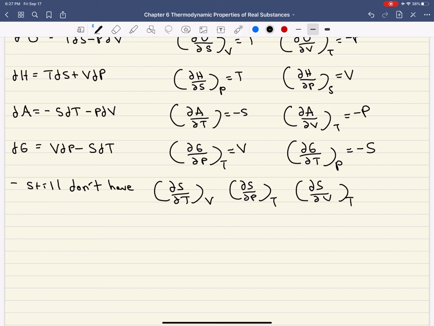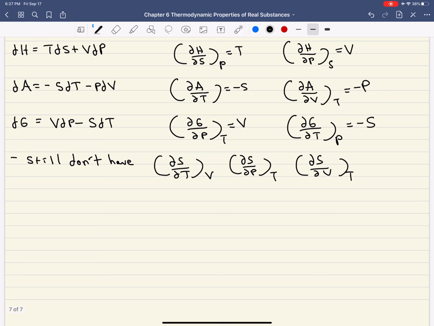We still haven't really figured out what those things are yet. But we made some progress. In order to make the next step, now we need to start taking advantage of the properties of partial derivatives themselves.